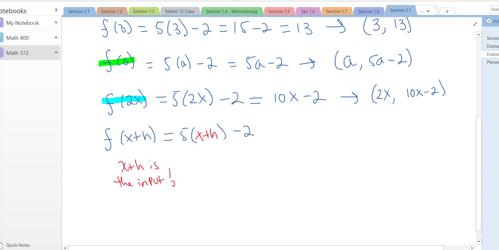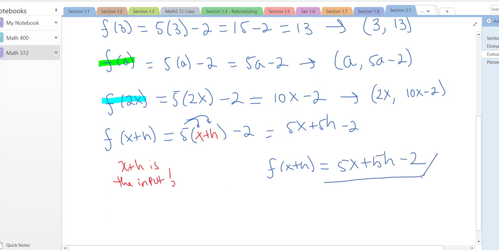So that's what the rule is saying. When you say it in words, it might be helpful to remember what it is that you're doing. So here now I can distribute the 5, get rid of parentheses. I'm going to have 5x plus 5h minus 2. And so this will be my f of x plus h. That will be the answer.